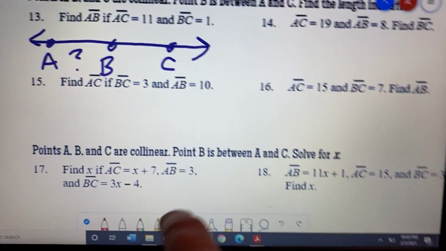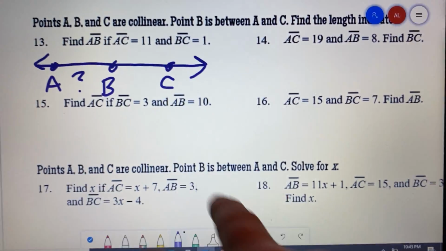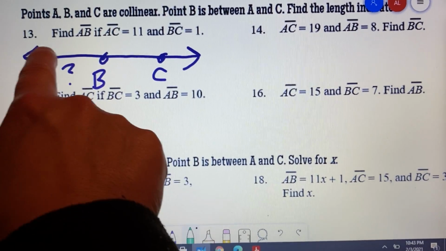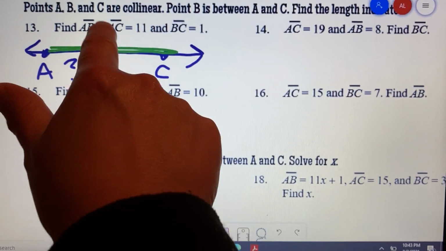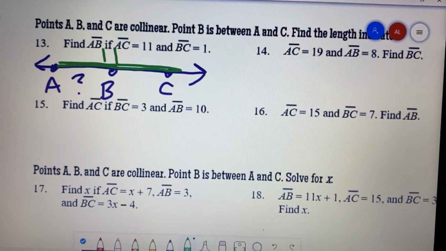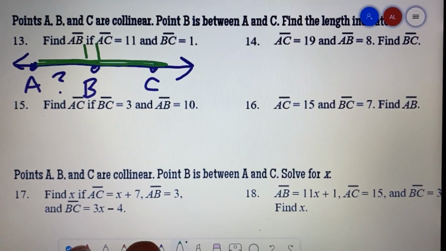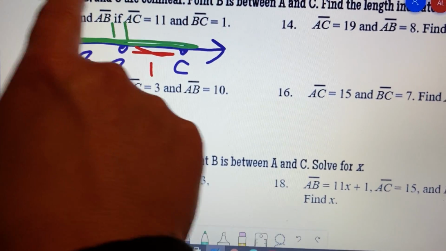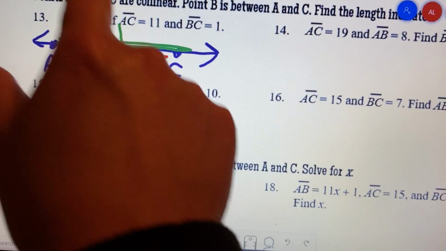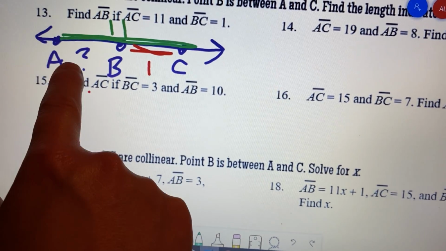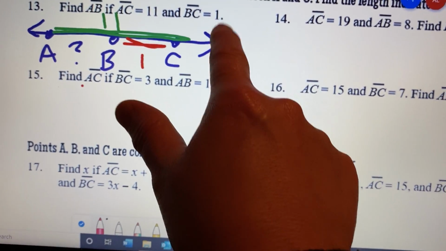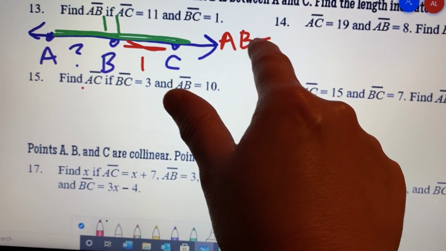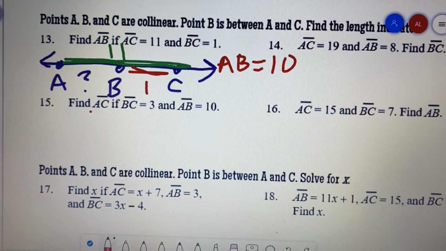If AC is 11, so this whole thing is 11, and BC is 1. So BC is 1. 1 plus what equals 11? 10. So AB has to equal 10. Okay?